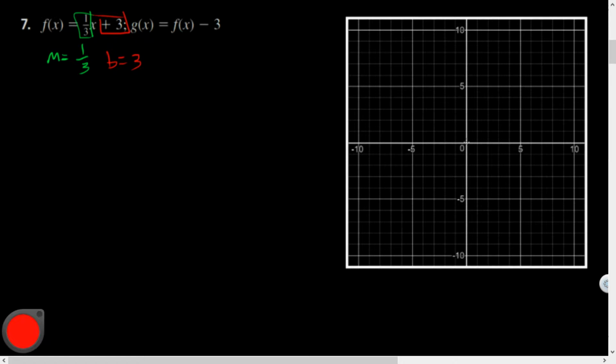So the y-intercept is at 3, and the slope is 1/3. It's positive, so I'm going to go up 1, it's rise over run, over 3. Up 1 and over 3, like so. You guys are experts at graphing lines in slope-intercept form at this point, I believe.